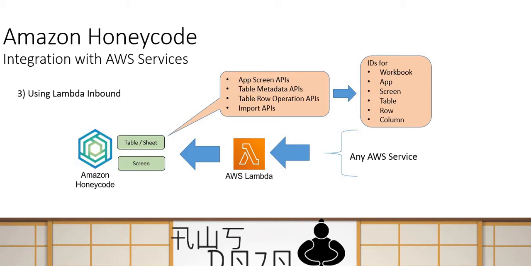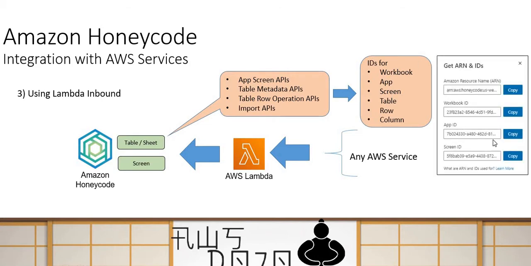But each of these, the workbook, app, screens, tables, rows, columns you see inside Honeycode, each of these has a unique ID, and these IDs are used to actually program with your Honeycode object model for these 4 types of operations.